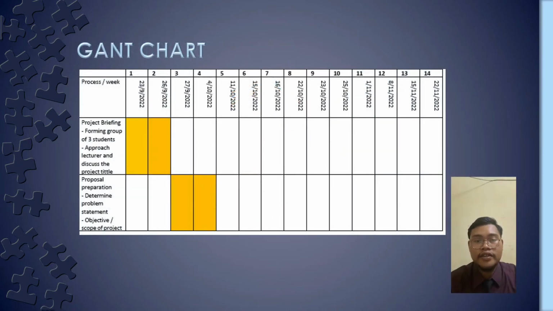For the Gantt chart, on 23 and 26 September 2022, we had a project briefing with our supervisor to form a group of 3 students, approach a lecturer and discuss the project title. Then on 27 September, October and 11 October 2022, we had proposal preparation to determine the problem statement, objective, scope of project and research about material for the project.